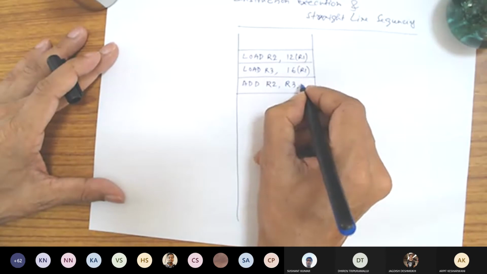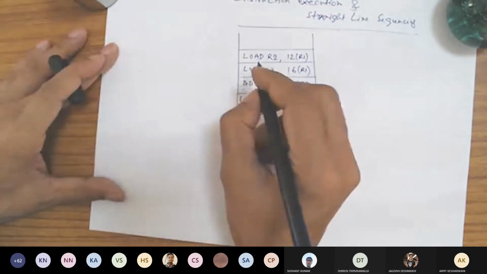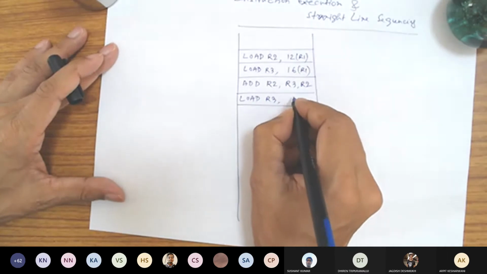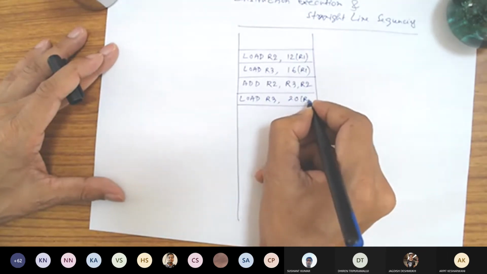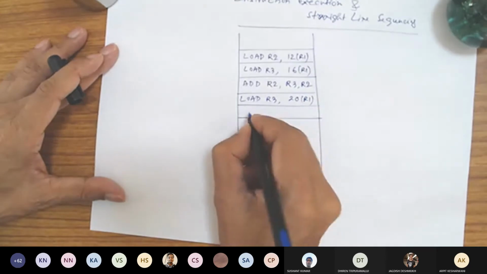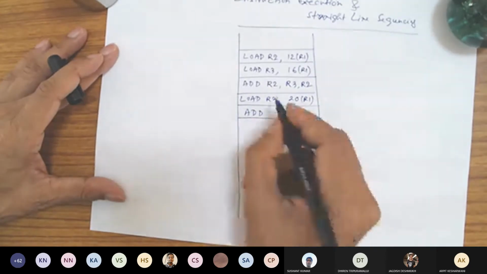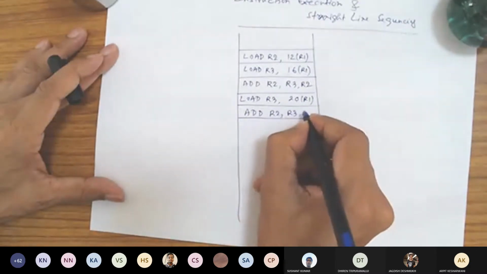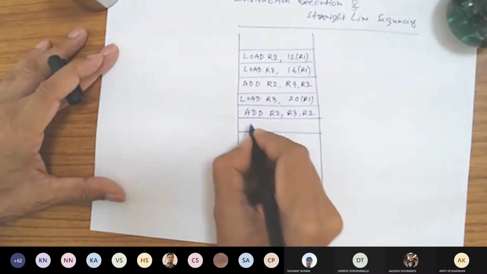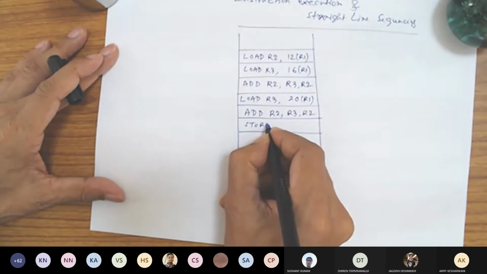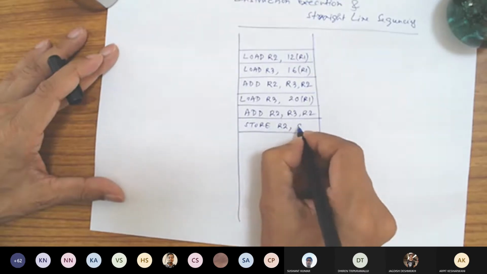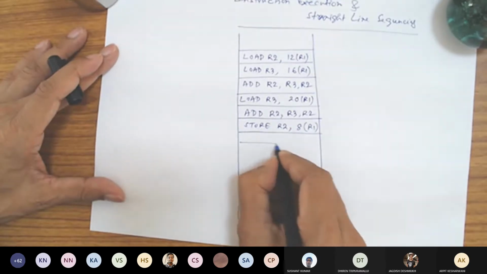Then load R3, 20(R1). Then he is using add R2, R3, R2. Then he is using store R2, 8(R1). Then it is halt.